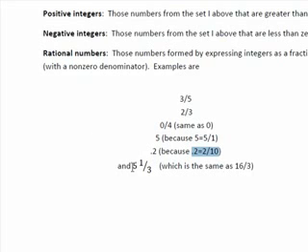And you may also not think of 5 1/3 as a rational number, but just remember that's the same as expressing 16 divided by 3. So these are all examples of rational numbers.